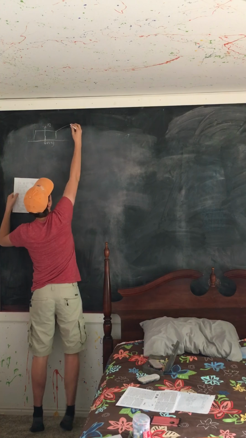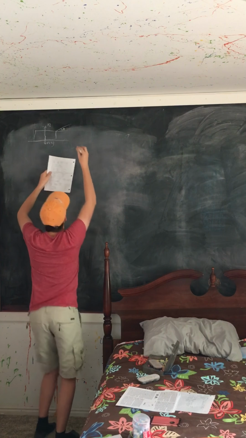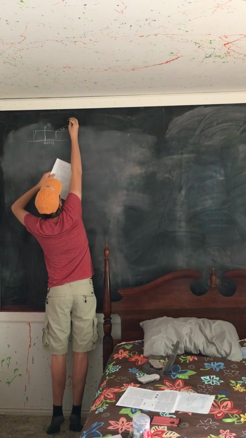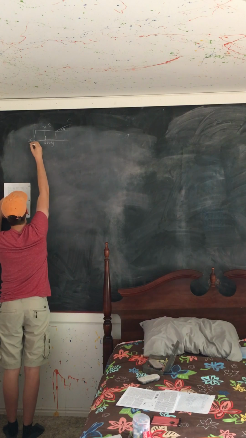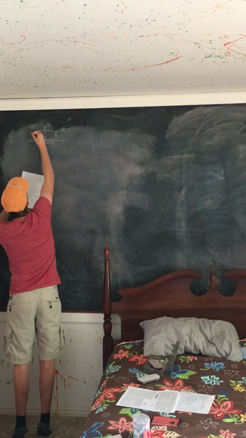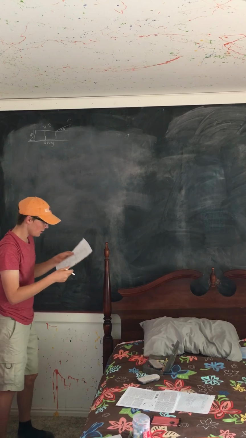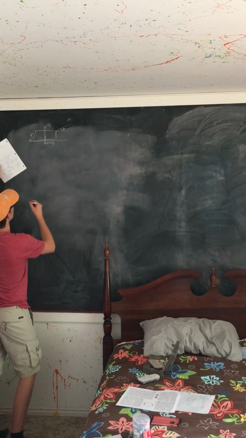We'll draw our rope with a force of F, and it has friction going this way with a force of F_k. So there's our free body diagram.